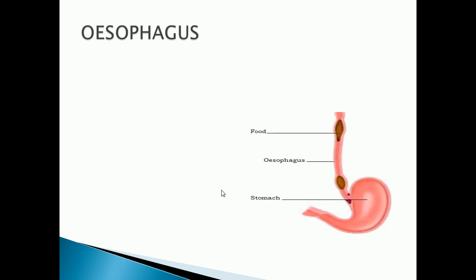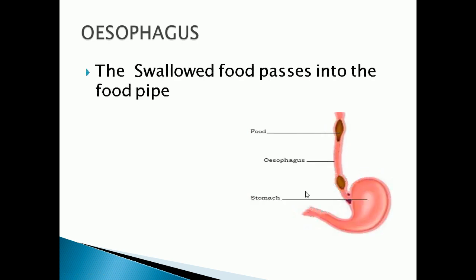Now we can see the function of the esophagus. What is the other name of the esophagus? Food pipe. Here you can see the picture of the esophagus. The esophagus is the food pipe through which the food is pushed into the stomach. The swallowed food, that means the food which we take in through our mouth, passes into the food pipe.